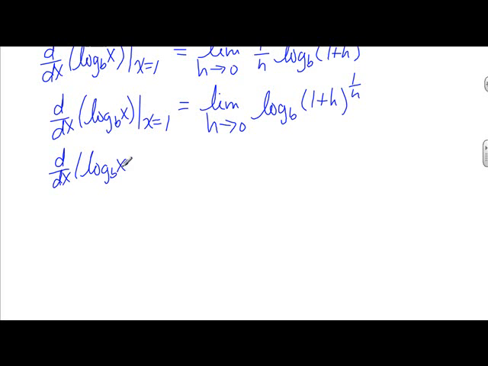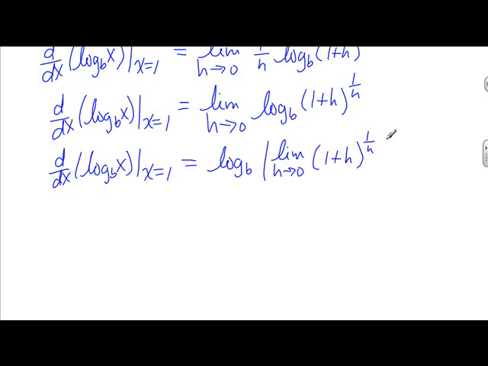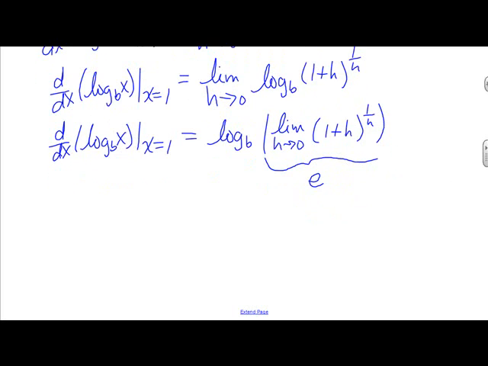So I'm going to rewrite this as the log base b of the limit as h approaches 0 of the quantity 1 plus h to the 1 over h power. Now, this limit is e. That's one of the definitions of Euler's number e. If h is going to 0, we've got a base that's very, very close to 1 raised to a power that's infinite, and that's going to be e.